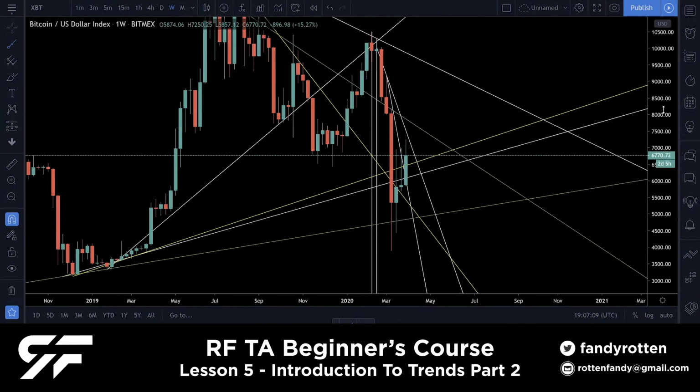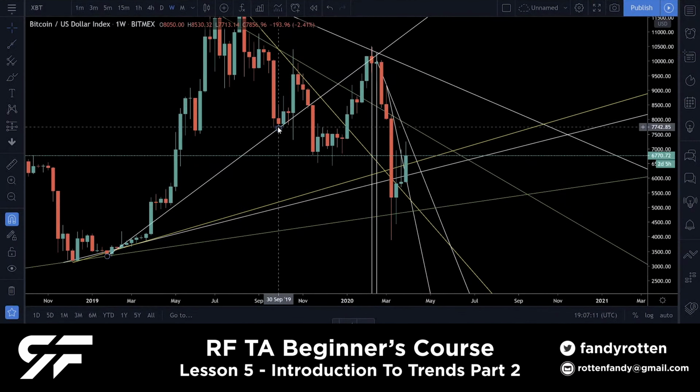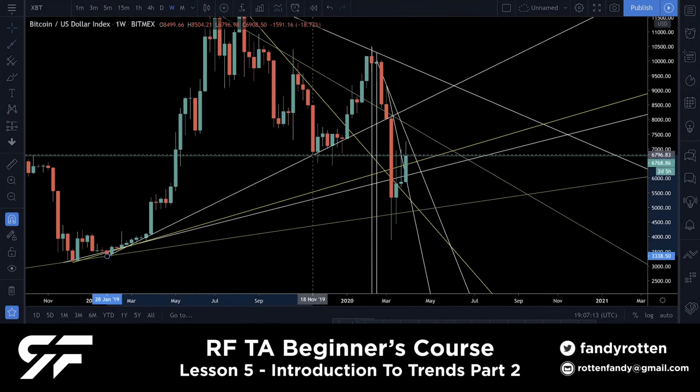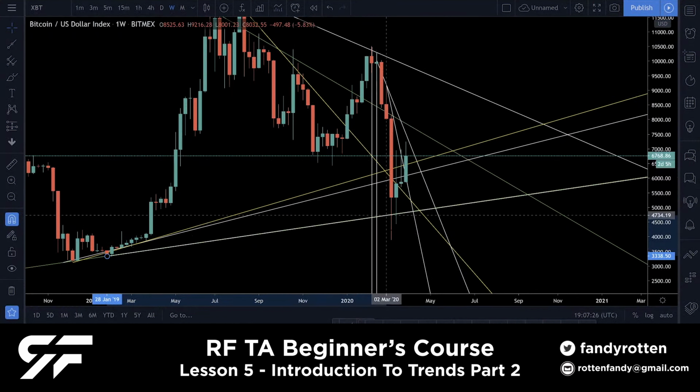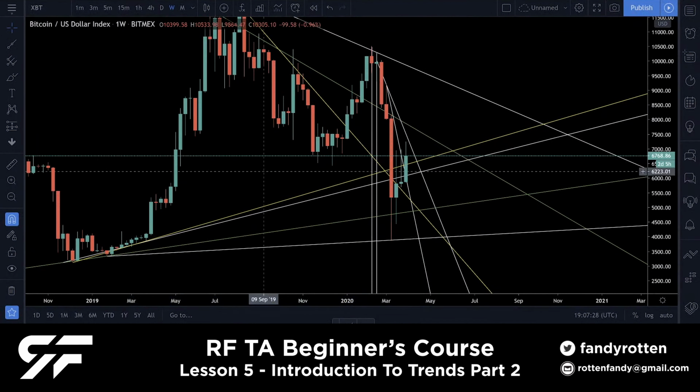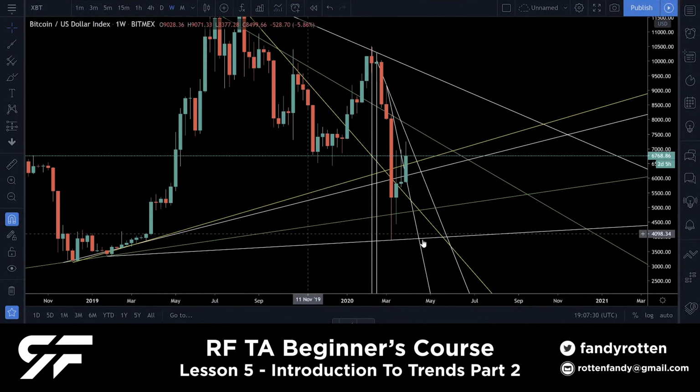Okay, we're trying to cover all of the compressions, and then we come over here, and in this case we have a hard close below this trend line. So this is where our next trend line comes out to be.